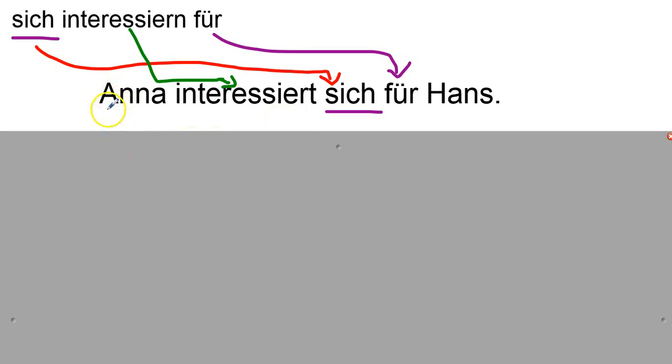So literally this is Anna is interested herself in Hans. That's why it doesn't make sense in English. We wouldn't say that. Of course, für makes this then part of the prepositional phrase. So Anna is interested in Hans. Literally, Anna is interested herself in Hans. We have to use a sich form. Okay?